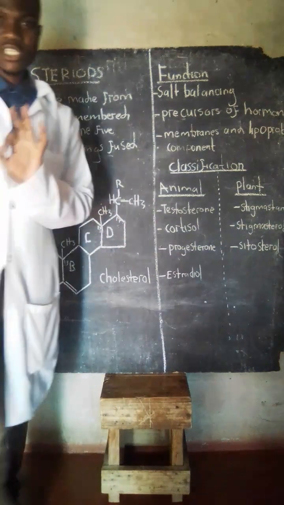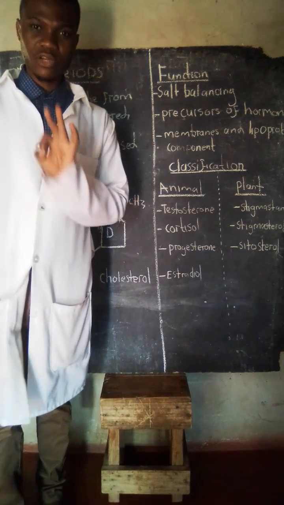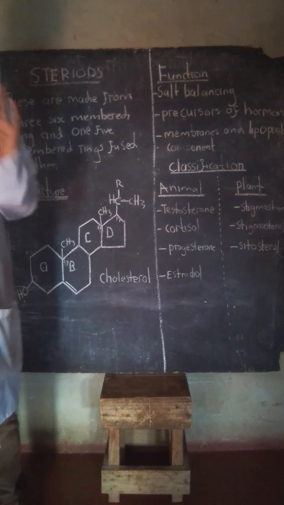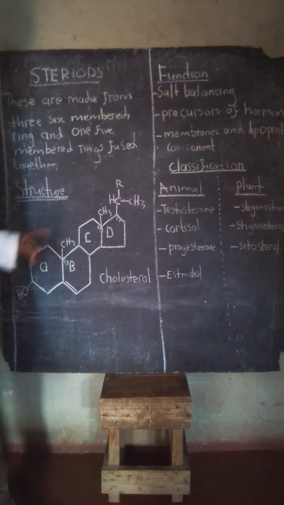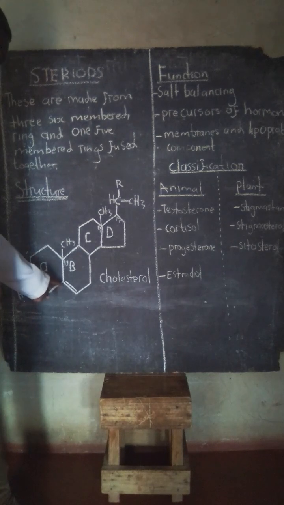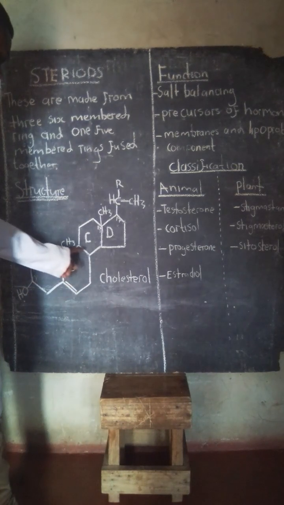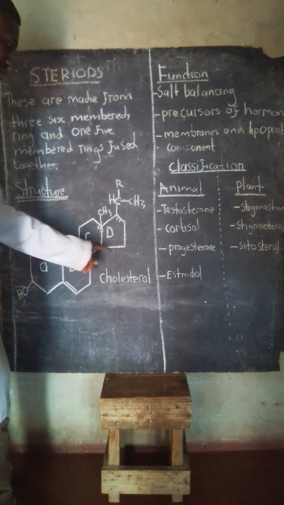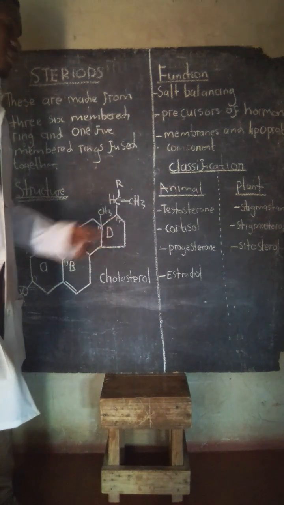I want you to notice 3 major things about the structure of a steroid. Number 1, when we start numbering, we start from here. We say 1, 2, 3, 4, 5, 6, 7, 8, 9, 10, 11, 12, 13, 14, 15, 16, 17.